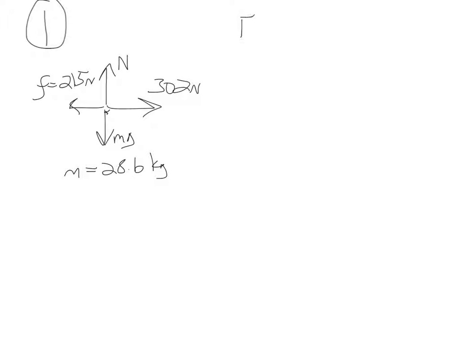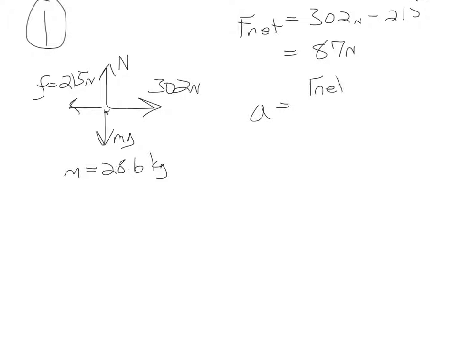First things first, I need the net force. Now, since the normal force and the weight would cancel out, not accelerating through the floor, we have just the 302 newtons minus the 215 newtons, and that gives me 87 newtons. Alright, so that's my net force. That's the second step. I want to know how much it's accelerating. So acceleration, now I apply Newton's second law.